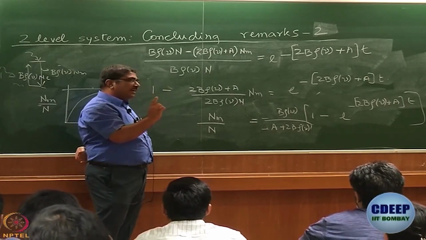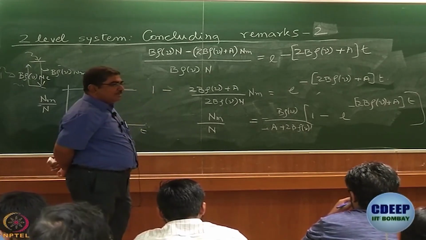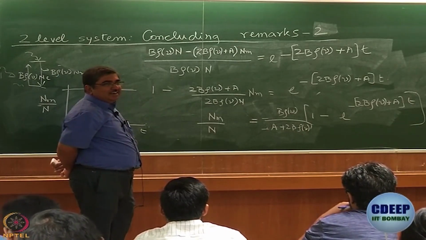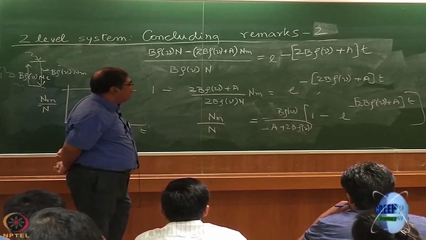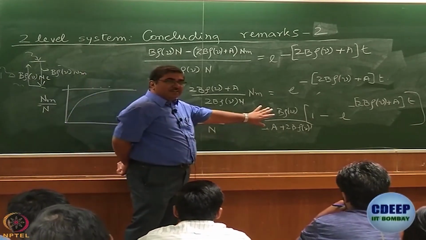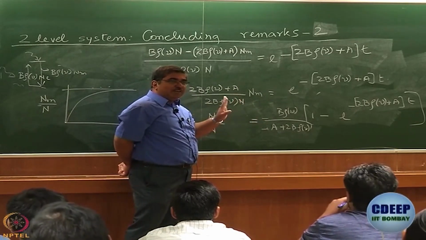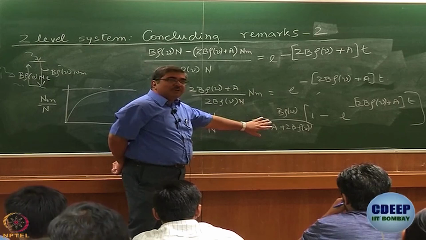Can it be equal to 1? Because then you are left with only this coefficient, right? Okay, can it be half? When will it be half? Only when a equal to 0, right?